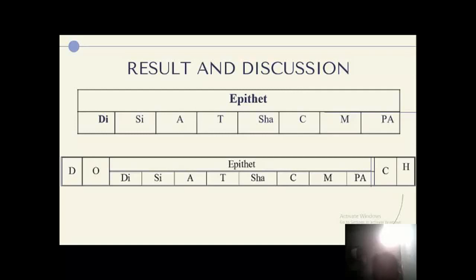And then the second table here, D means determiner, and determiner has some kinds. Those are articles such as a and the, possessive such as my, your, our, her, his, demonstrative such as this, that, these, those, quantitatives such as some, many, a lot of, much, little, any, few, and so on. And then O, ordinative.